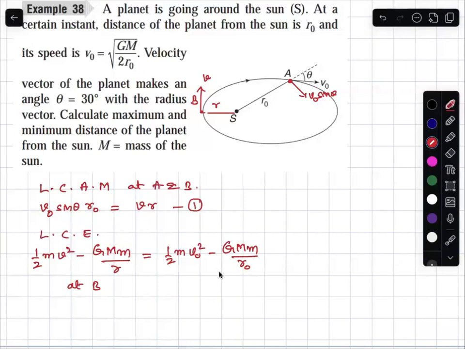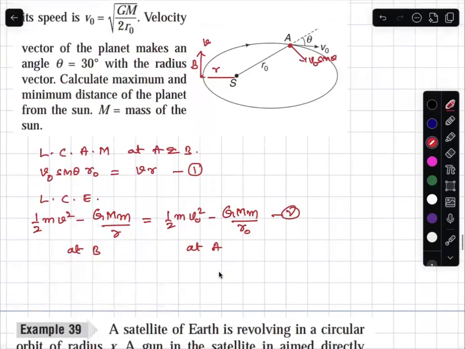Any confusion? No, you should not write V naught sin theta there. That's it, this is at A. Equation 2. Now from these two equations, you will get an expression for small r in terms of R naught. You will eliminate everything. Fortunately, they have given V naught for you.